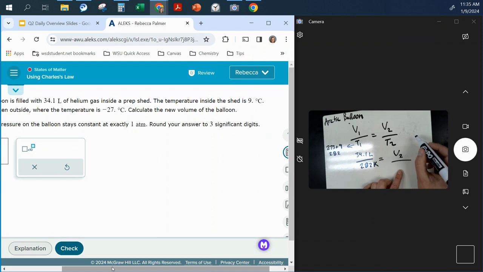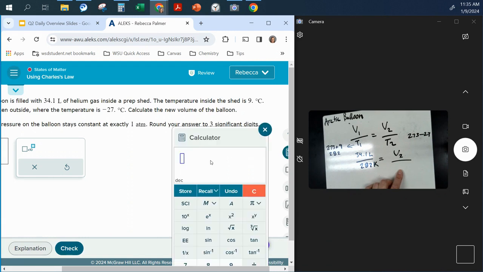So watch out for that. 273 minus 27. I don't know that one, so my calculator is going to do that for me. 273.15 minus 27. We can keep no decimal places. 246, no decimal places. Both of these have 3 sig figs. All of my numbers do, so my answer has 3 sig figs.